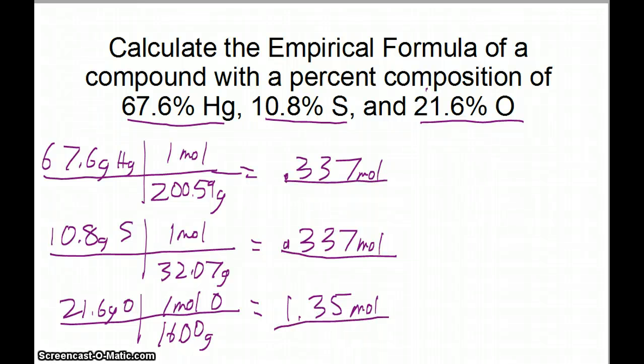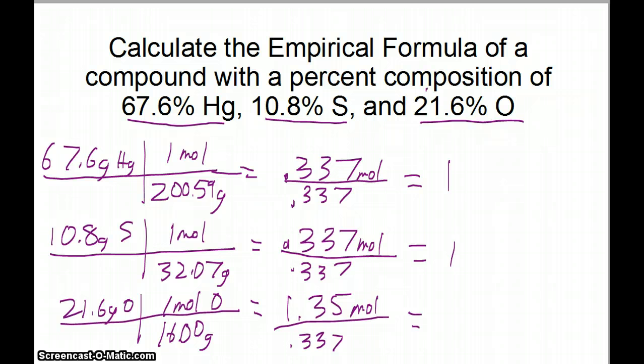Well, we have two that are the same here. So 0.337, 0.337, 0.337. So we know that there is going to be 1 mercury, 1 sulfur, and let's find out how many oxygens we have in our empirical formula here.